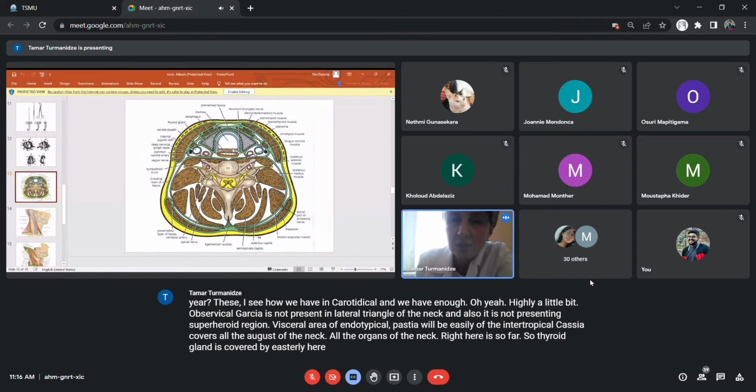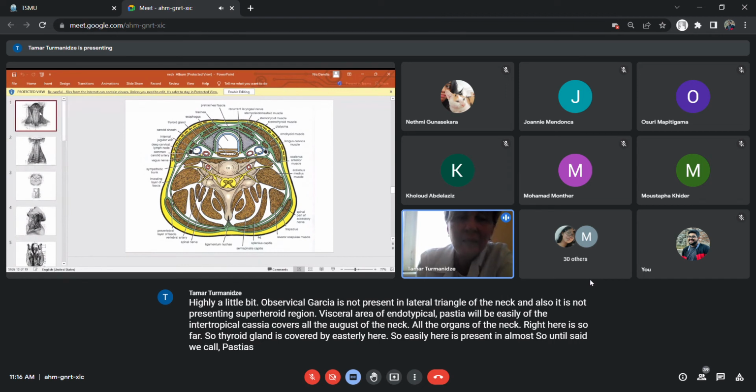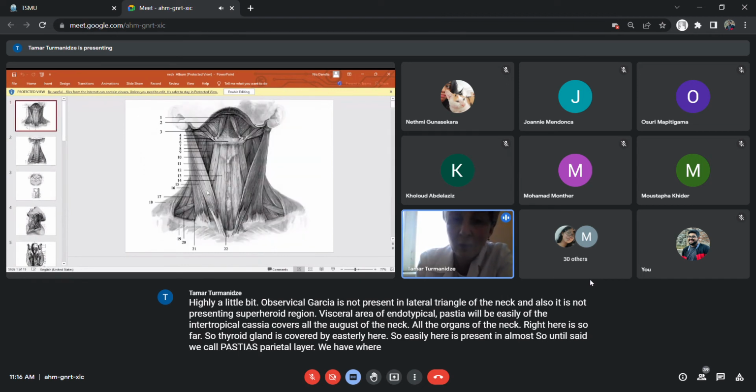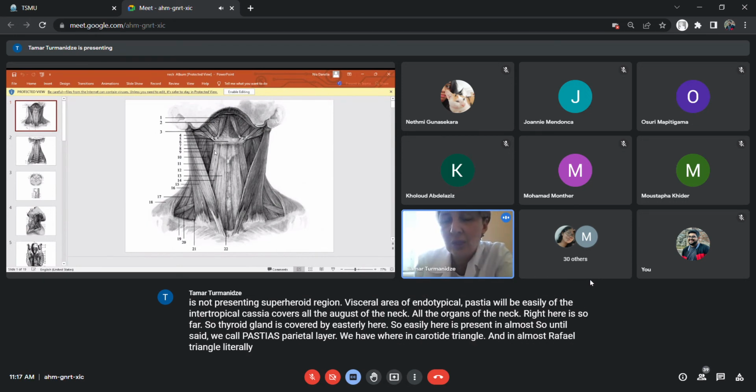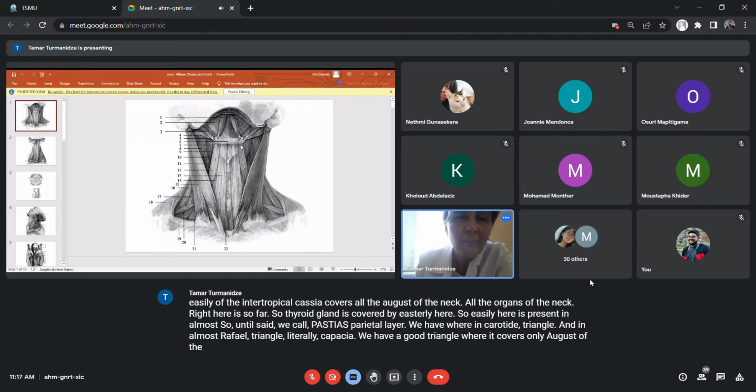So this layer is present in the omotracheal triangle only. So the parietal layer of the endocervical fascia we have where? In the carotid triangle and in the omotracheal triangle. The visceral layer of the endocervical fascia we have in the omotracheal triangle, where it covers all the organs of the neck.